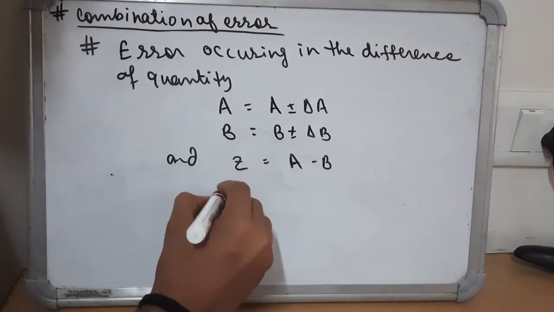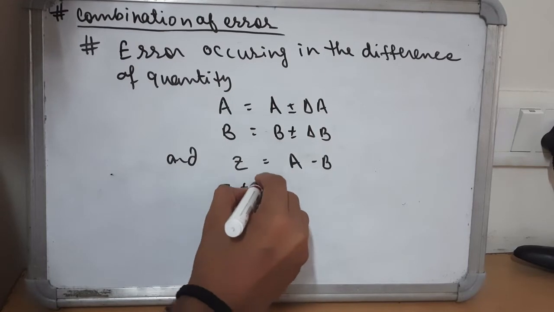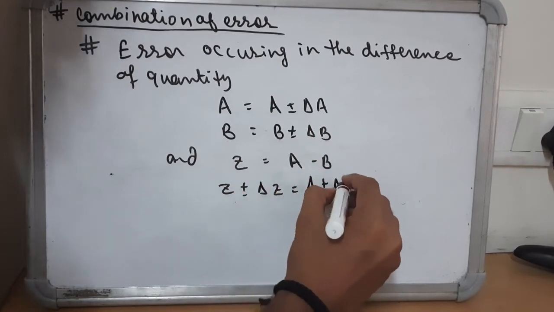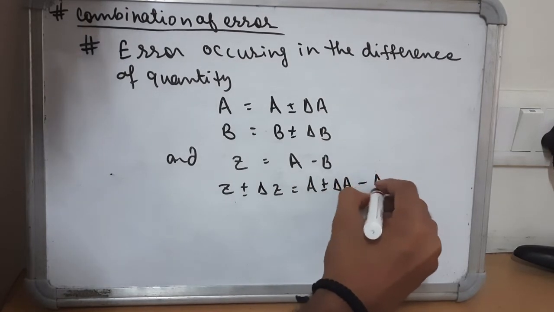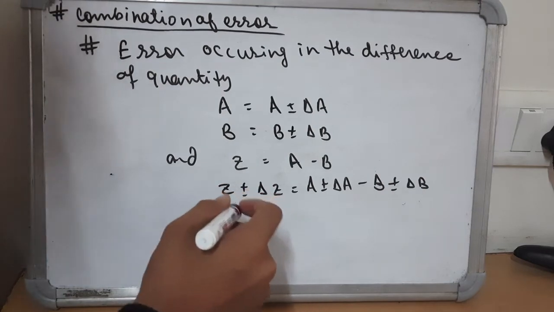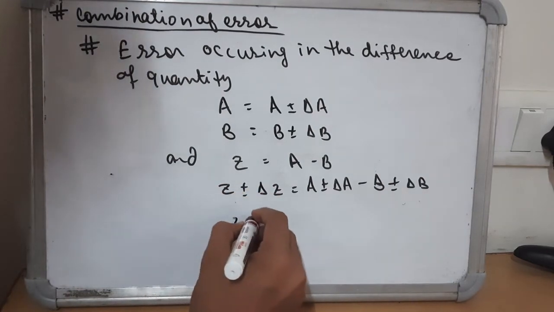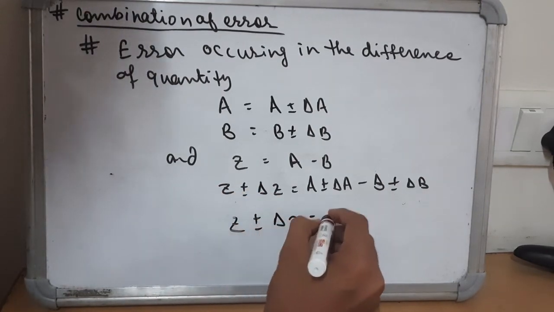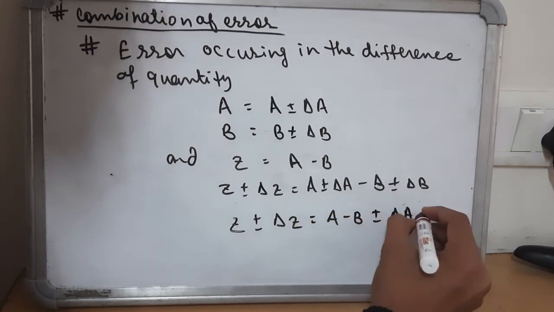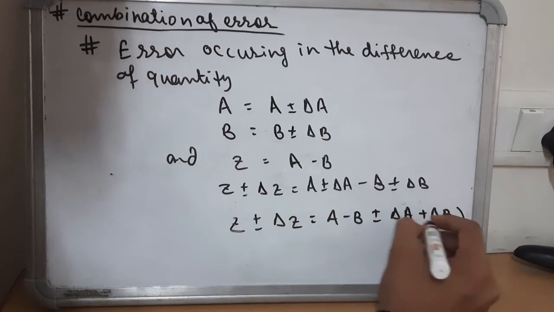Okay. So this Z can be written as Z plus minus delta Z, this A can be written as A plus minus delta A, and B can be written as B plus minus delta B. So when we resolve this expression, we will get Z plus minus delta Z equals A minus B plus minus delta A plus delta B.